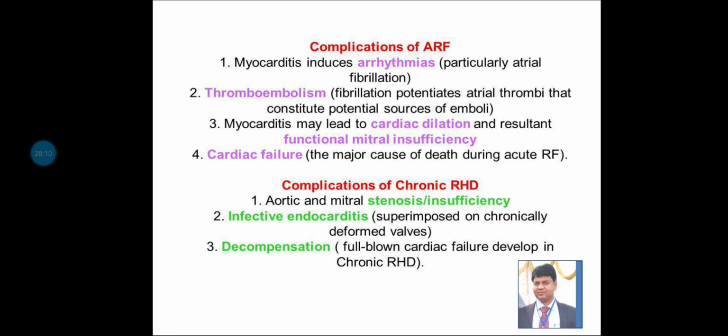The myocarditis can lead to cardiac dilatation and result in functional mitral insufficiency, and cardiac failure is a major complication in acute rheumatic fever, which can cause death of the child.